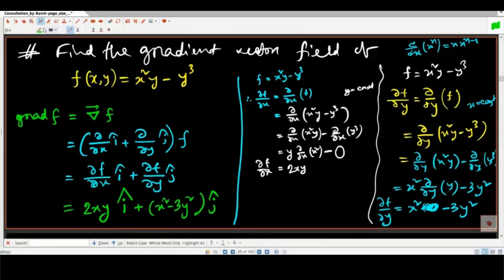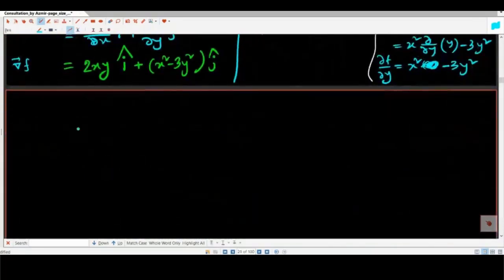Sometimes we can also find the gradient at any point. Let's say we need to find the gradient of this vector field at one point. That means the value of x is 1, y is also 1. So gradient is also a function.